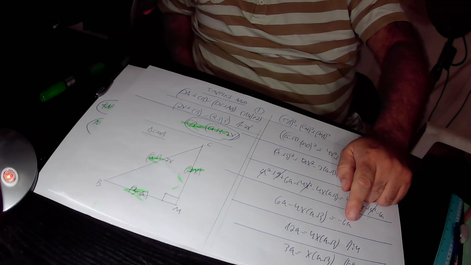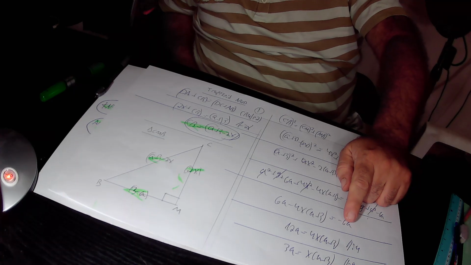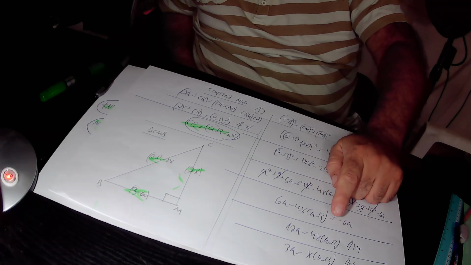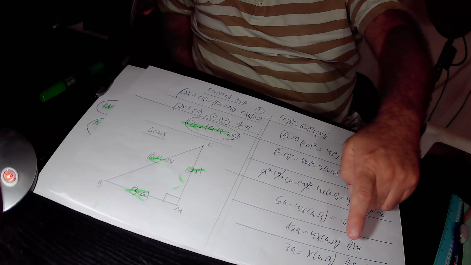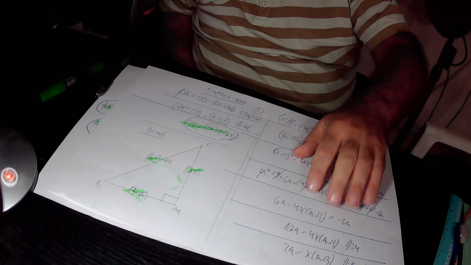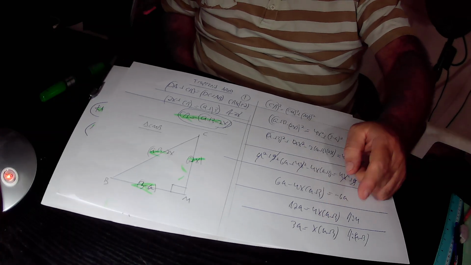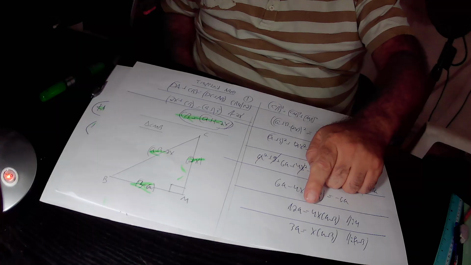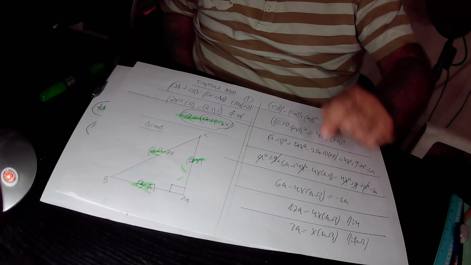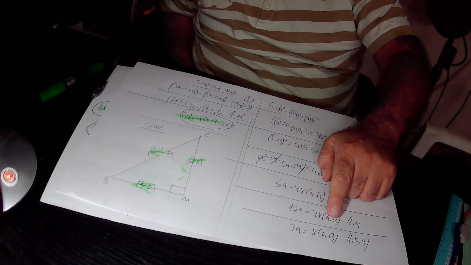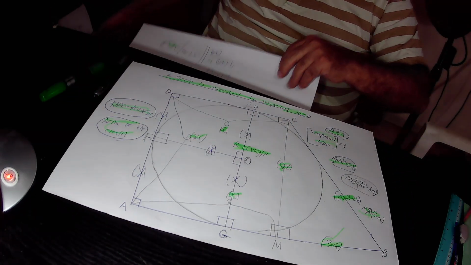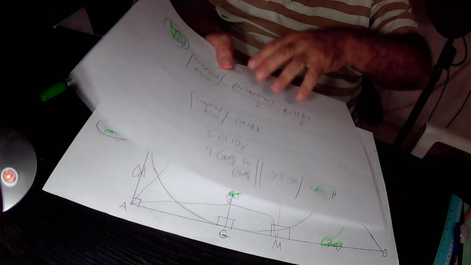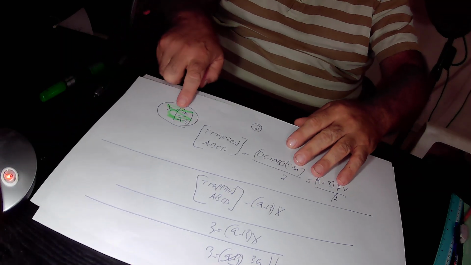Here we divided this equation by 4 and found out that 12 over 4 is 3A and 4x over 4 is x, so in total this expression equals x times A plus 3. So we should find out that 3A equals x times A plus 3. Here we divided this equation by A plus 3 and finally found out that x equals 3A over A plus 3.